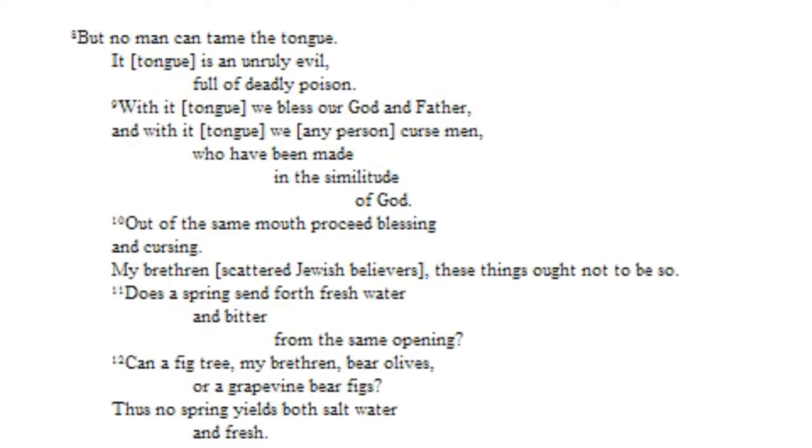With it we bless our God and Father. With it we curse men. Out of the same mouth proceeds blessings and cursings. And I will do that with a conjunction, and or but. I'll put them, not indent them, but put them on a new line just so that they stand out so I could see them.